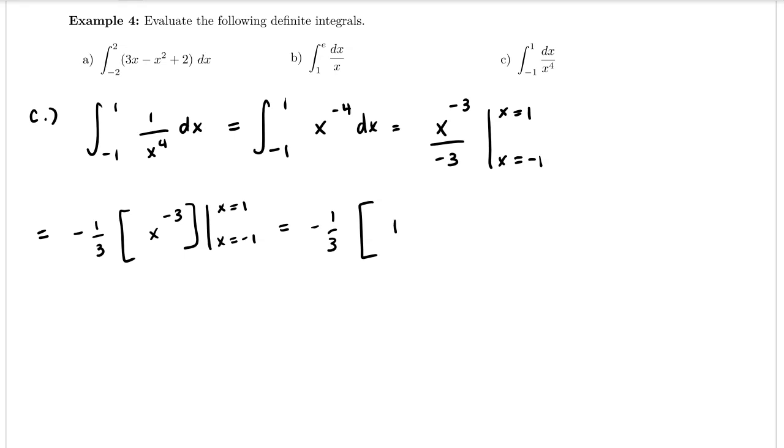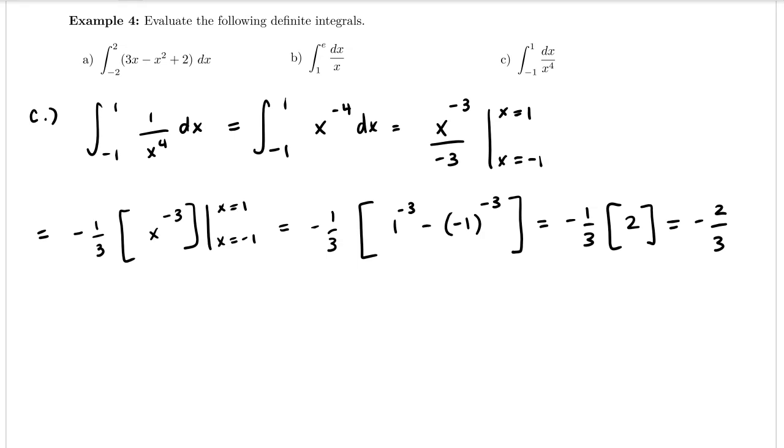So now I have 1 to the negative 3rd power minus negative 1 to the negative 3rd power. And if you simplify that, the thing inside the brackets ends up becoming positive 2. So overall, this becomes negative 2/3.